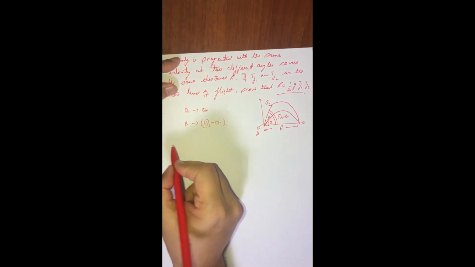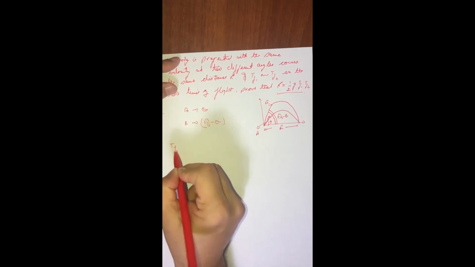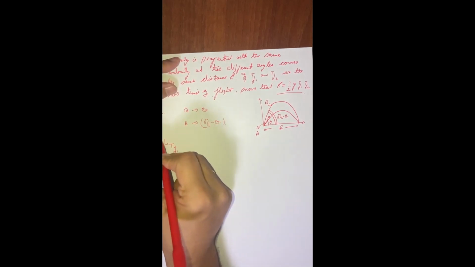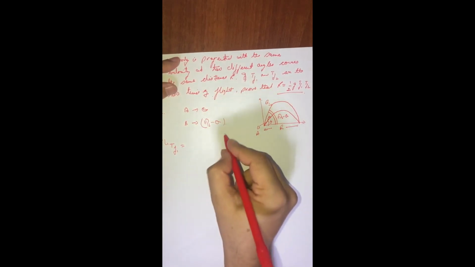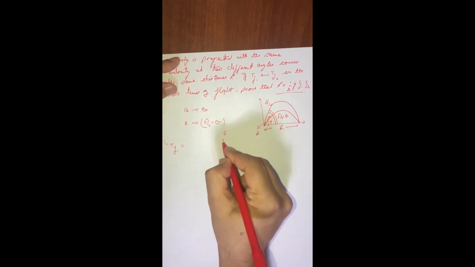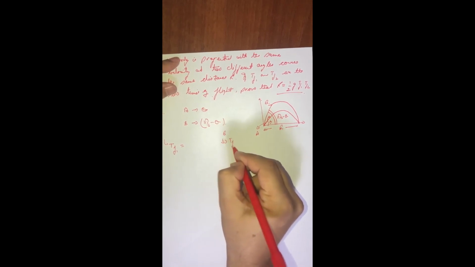So we are also given that a time of flight of first body, that is body number A, is given as Tf1, and for body B it is given as Tf2.